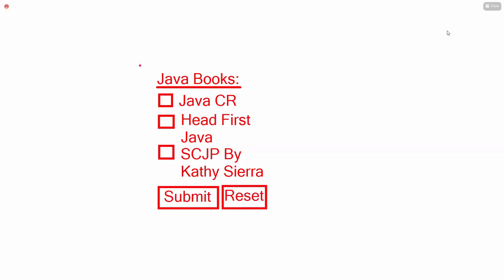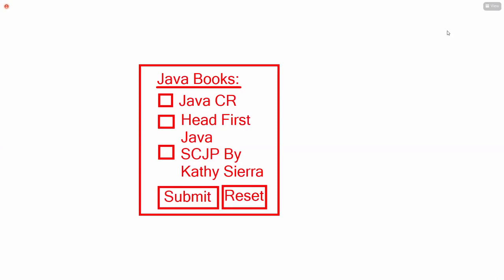This is an HTML page, something like books.html. Suppose you selected Java Complete Reference and SCJP by Kathy Sierra. Two books you selected. In books.html, I am showing a list of Java books. Like that, n number of items.